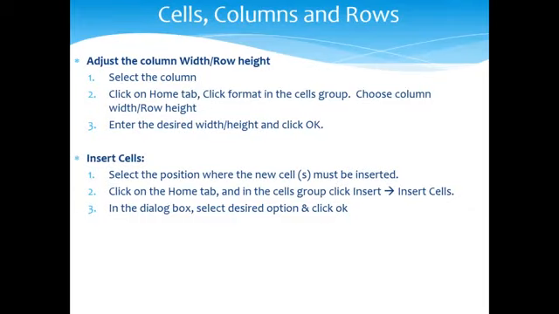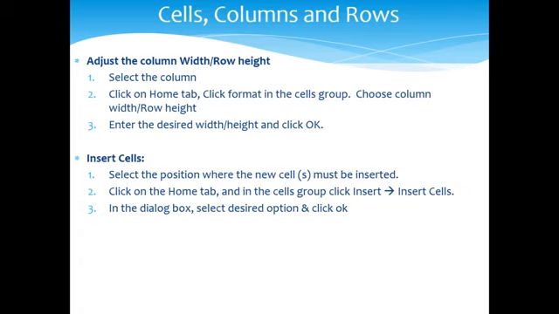Let's proceed. First of all, I want us to start with adjusting the column width. To adjust the column width, you just need to select the specific column you want to adjust. For instance, if I want to adjust column A, I select column A, and then I click the Home tab.